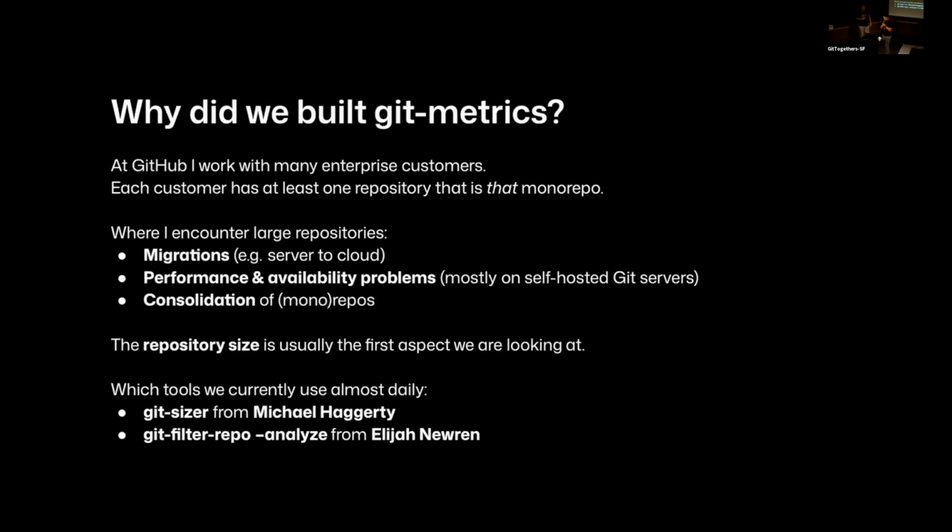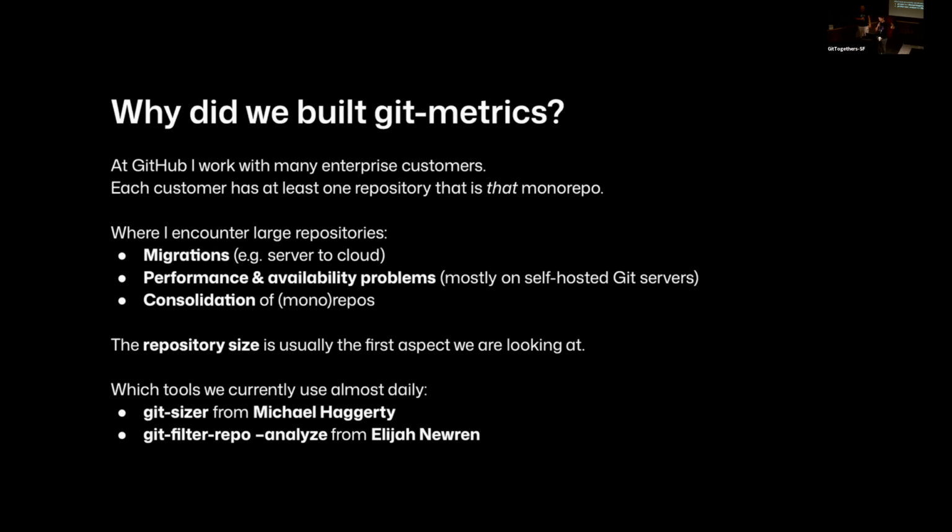So at GitHub, I work with many enterprise customers. And each enterprise customer has at least one repository that is that monorepo, meaning everybody in the customer's company talks about it and knows this is their large repo.